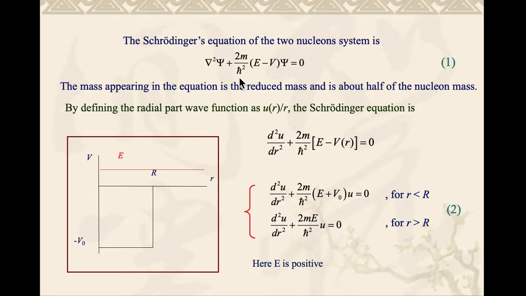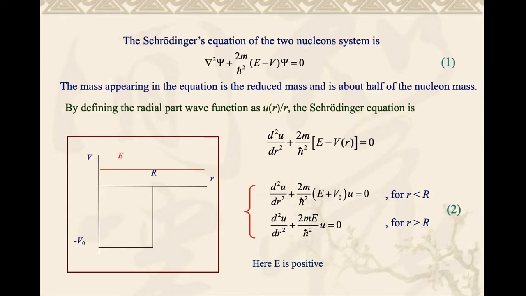And this is our equation. We already know the Schrodinger equation: del square psi plus 2m by h cross square E minus V into psi is equal to 0. Now we can write this psi as radial part and azimuthal part, since the nuclear potential depends only on r.